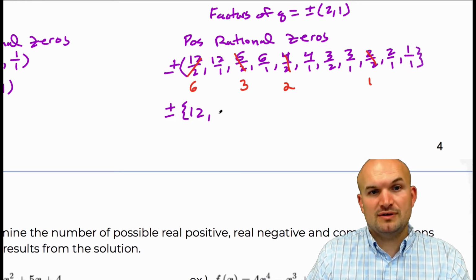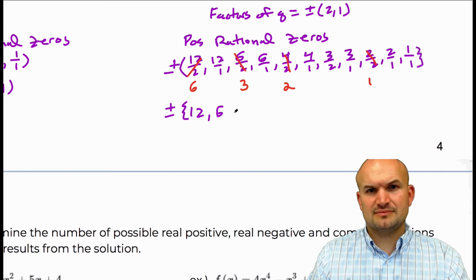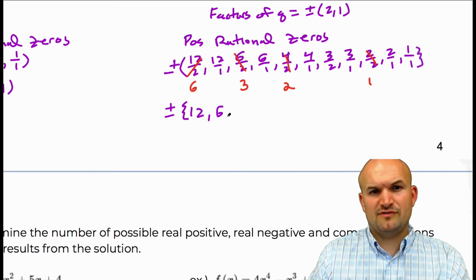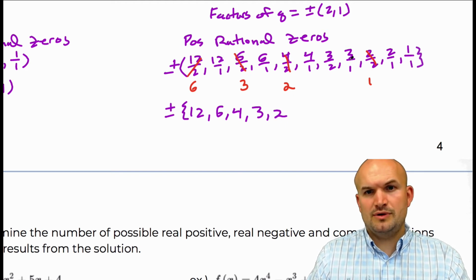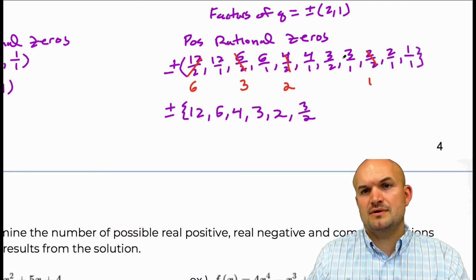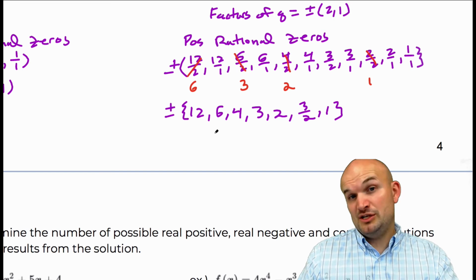So it'd be 12, 6, 4, 3, 2 simplifies to... 3 halves is like 1.5, so that's 3 halves. And I already have 3, 1 half, I already have 2, and then 1.